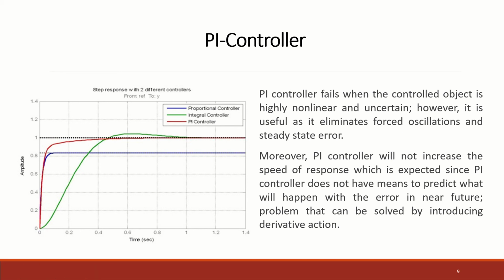Moreover, PI controller will not increase the speed of response, which is expected since it doesn't have means to predict what will happen with the error in the near future, a problem that can be solved by introducing a derivative action.